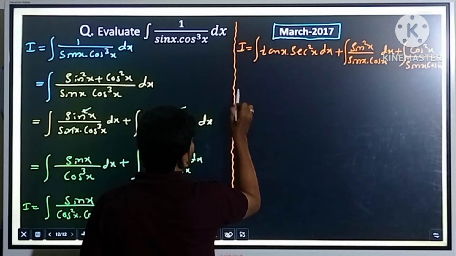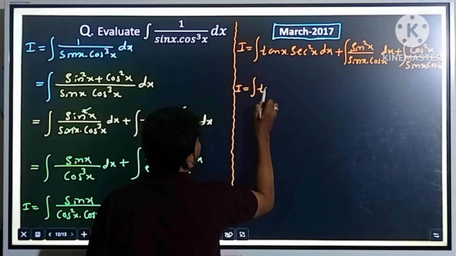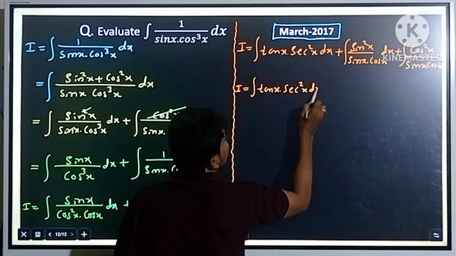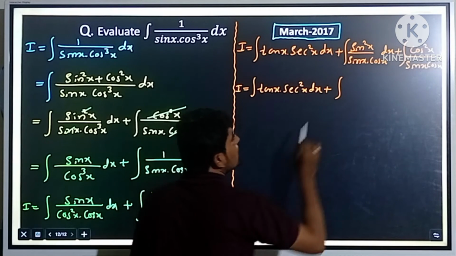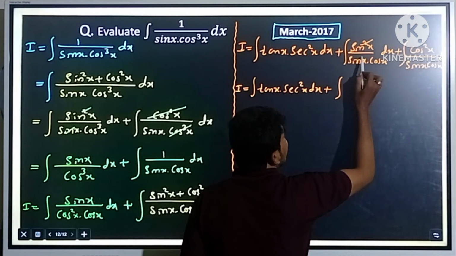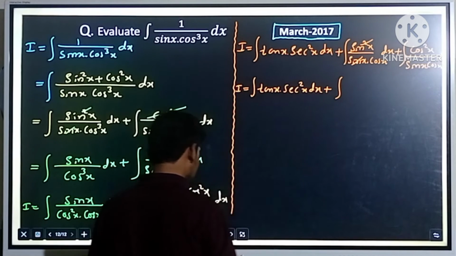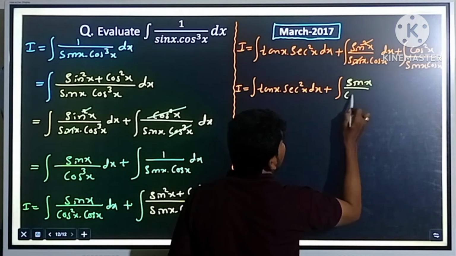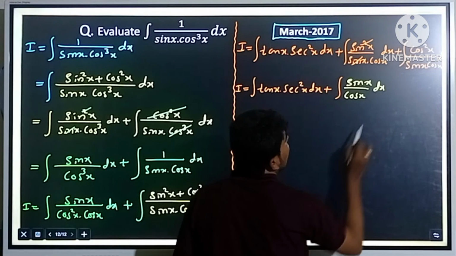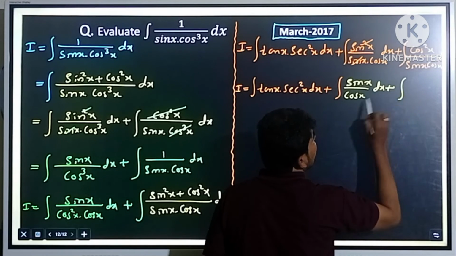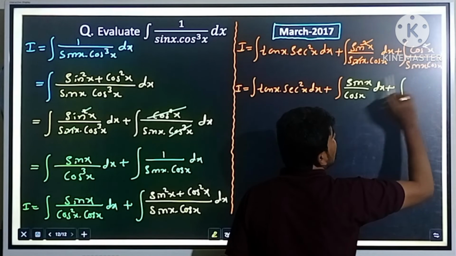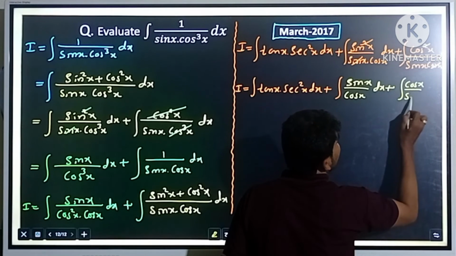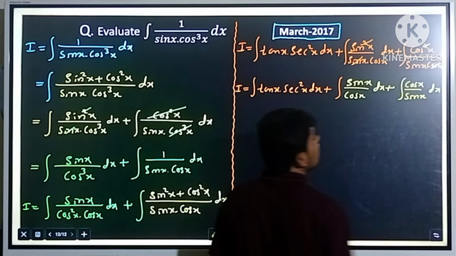So therefore, I is equals to integration of tan x into secant square x dx plus integration of, here 1 sin x from numerator and denominator gets cancelled, remaining sin x divided by cos x dx, plus integration of, here also 1 cos x from numerator and denominator gets cancelled, remaining cos x divided by sin x with respect to x.